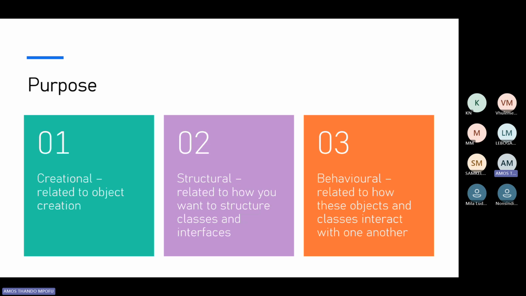Then we have behavioral, basically how they behave. As it says, behavioral. It's how these objects and classes behave when they interact with one another. If in the question paper it says that so and so needs to send or delegate this task to so and so, you see, that's behavioral.